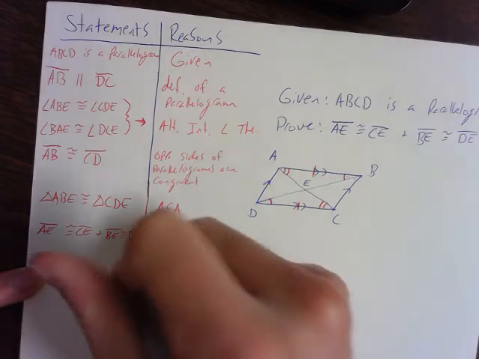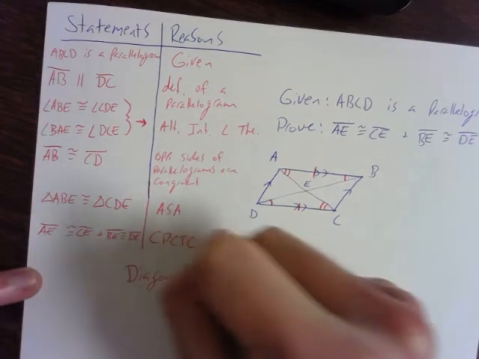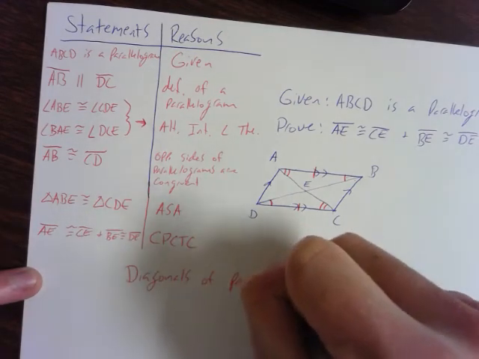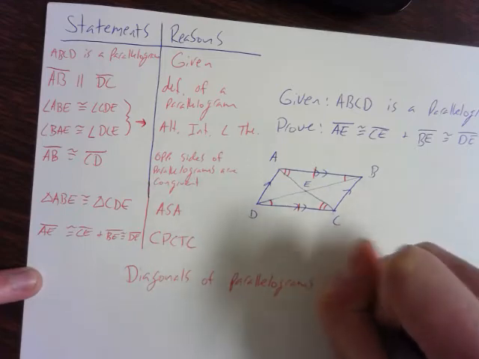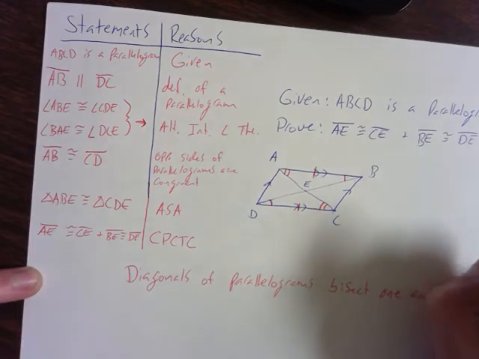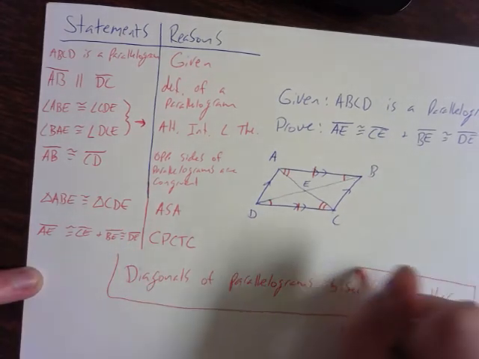So this proof is telling me that the diagonals, line segment BD and line segment AC, are diagonals of parallelograms that bisect one another, or bisect each other, however you want to word it.